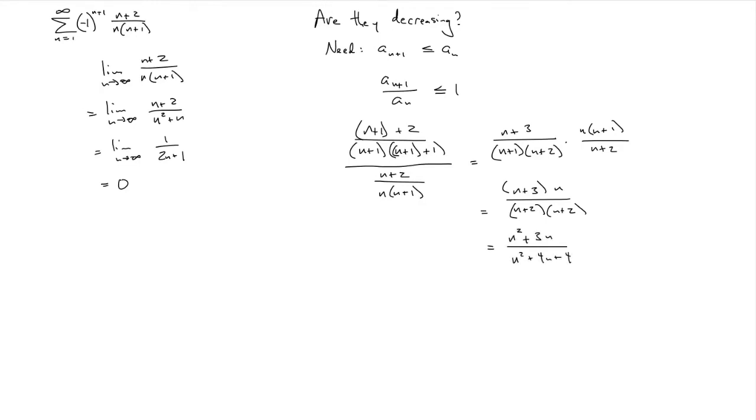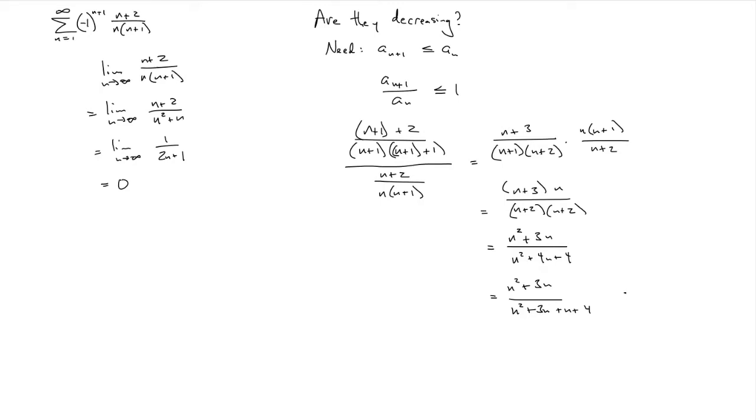And if you distribute, you get in the numerator n squared plus 3n, and in the denominator n squared plus 4n plus 4. And if I rewrite the 4n in the denominator as 3n plus n, then in the numerator I have n squared plus 3n, and in the denominator I have n squared plus 3n plus some other positive stuff.